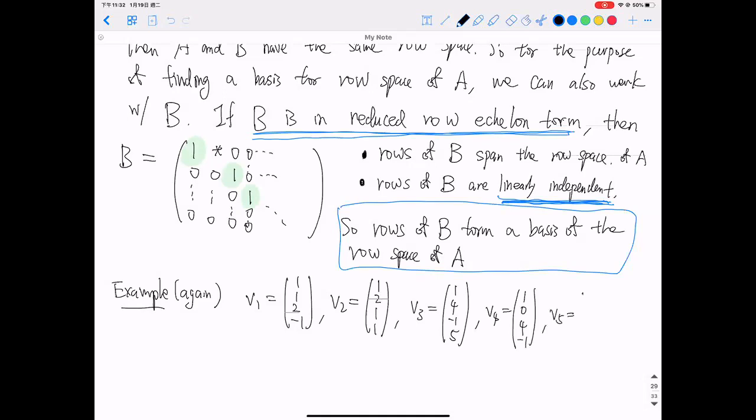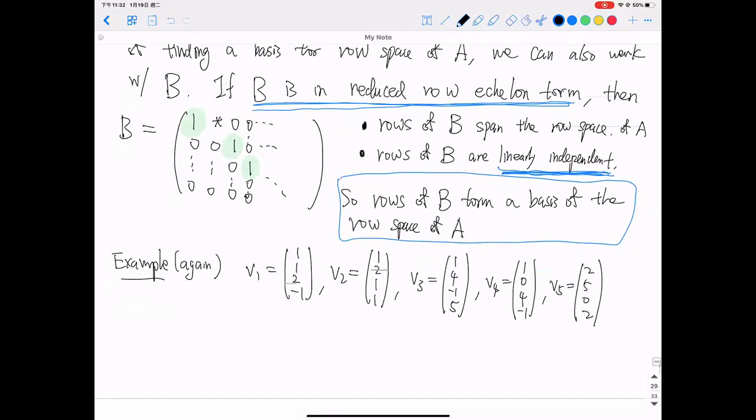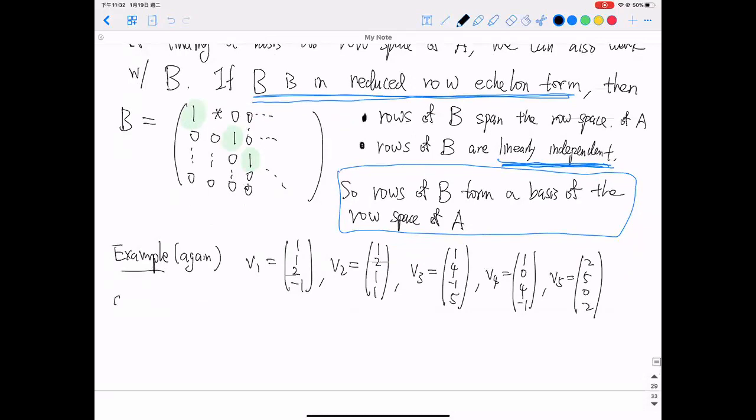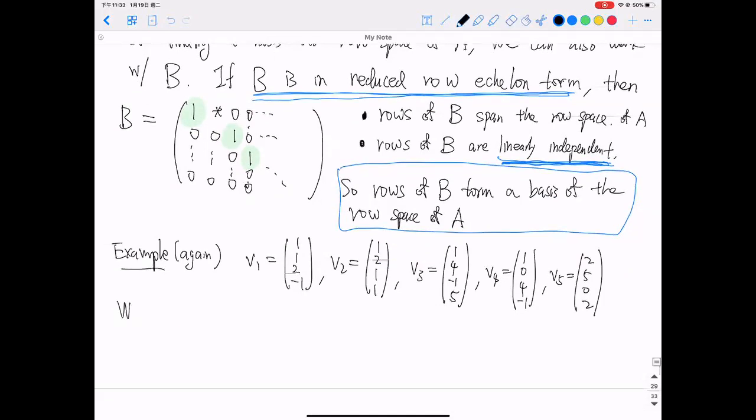V5: 2, 5, 0, 2. And we have, just like before, the span of these 5 vectors being our vector space, or subspace, W.